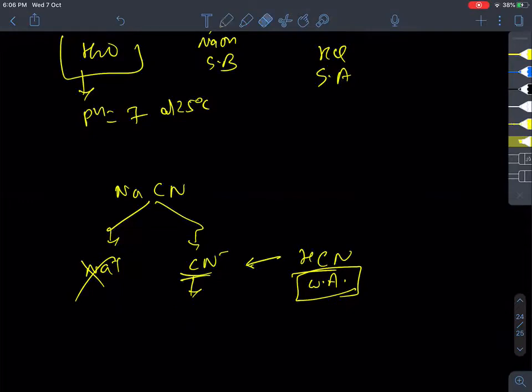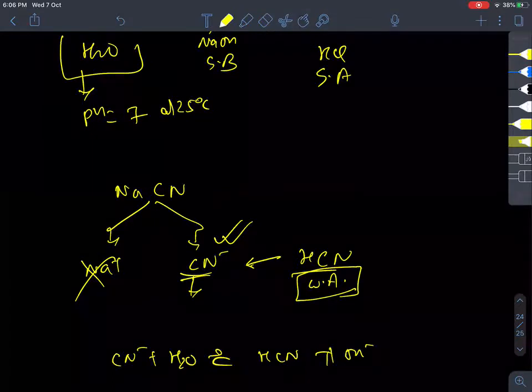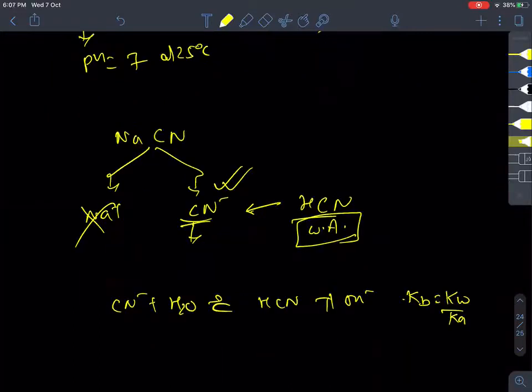So yes, it will hydrolyze. And if it will hydrolyze, my dear, cation will not hydrolyze. The anion generates OH minus. You know the solution nature will be basic for this. Aqueous solution is basic in nature.